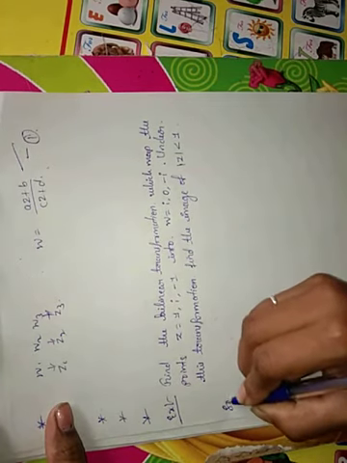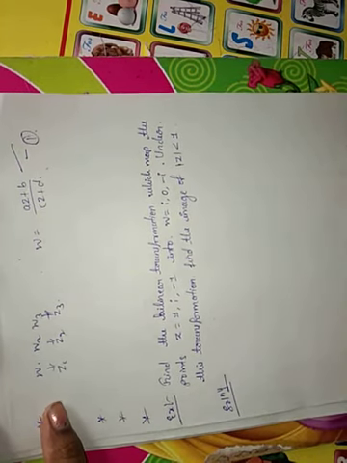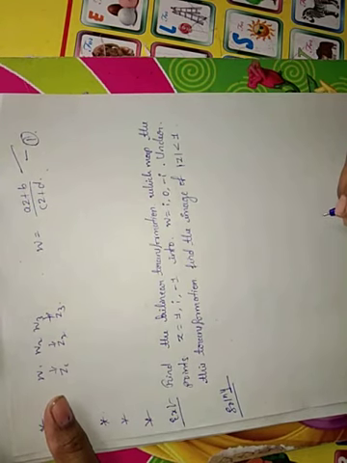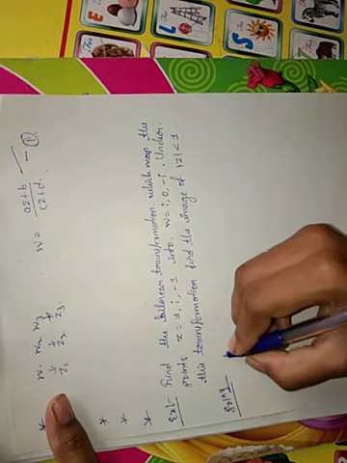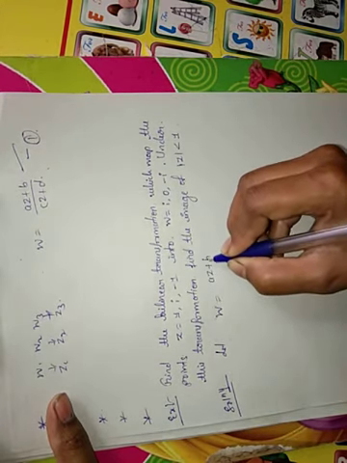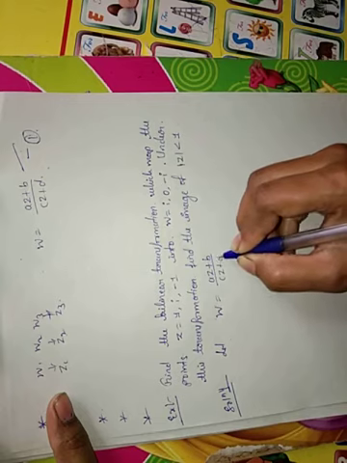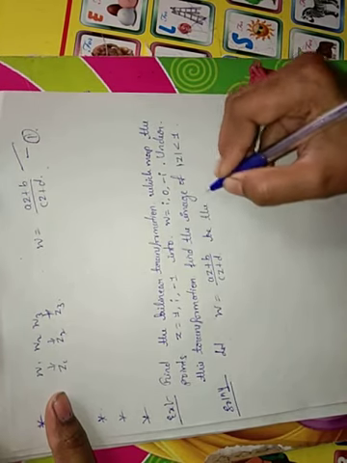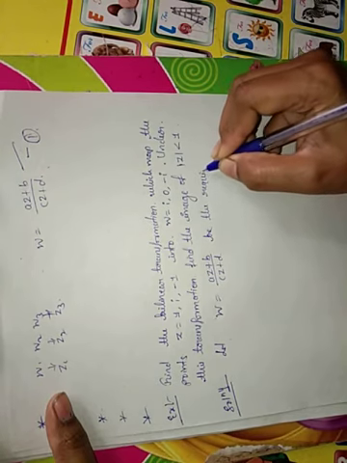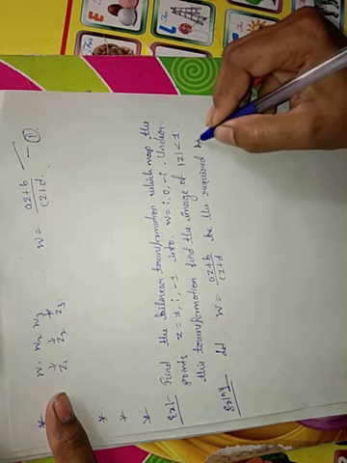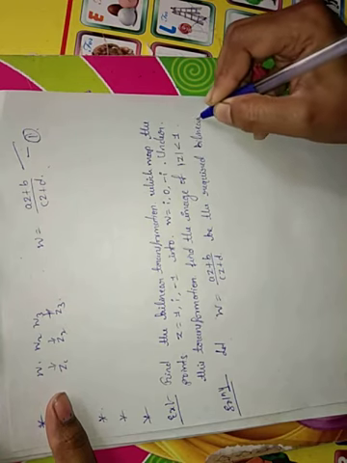So come to the solution. First we have to assume the bilinear transformation. Let W equal to (AZ plus B) divided by (CZ plus D) be the required bilinear transformation.